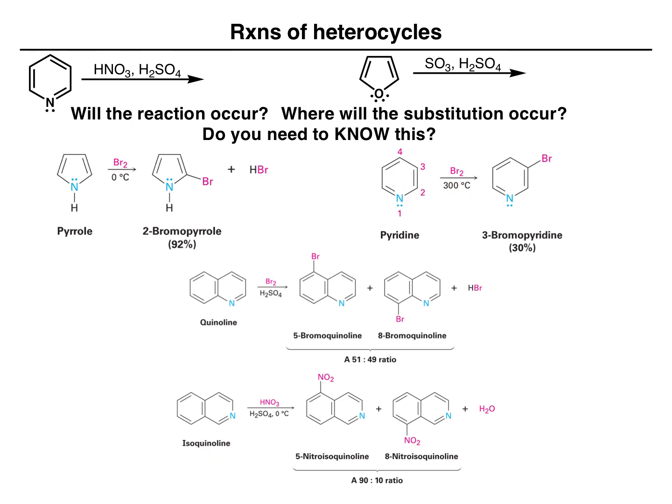When we look at isoquinoline, where the nitrogen is in a different position, the substitution again occurs on the benzene-like ring, the same relative positions, but we do have a significant difference in regiochemistry. Whereas in the case of quinoline, we get substitution here compared to here at almost a 50-50 ratio, whereas isoquinoline, we get substitution here compared to here at a 90-to-10 ratio.